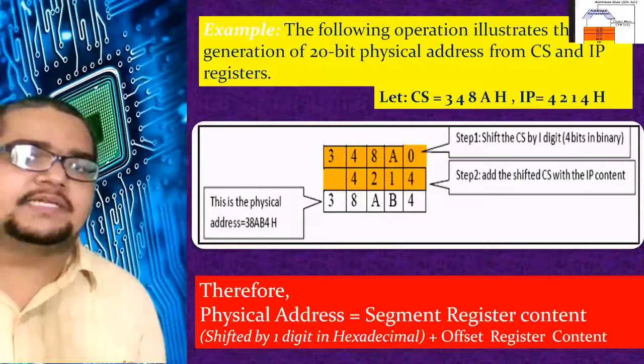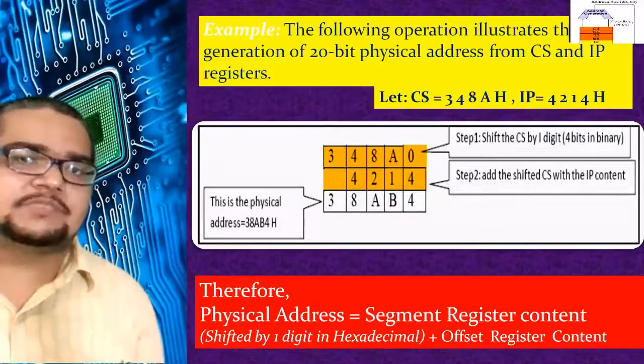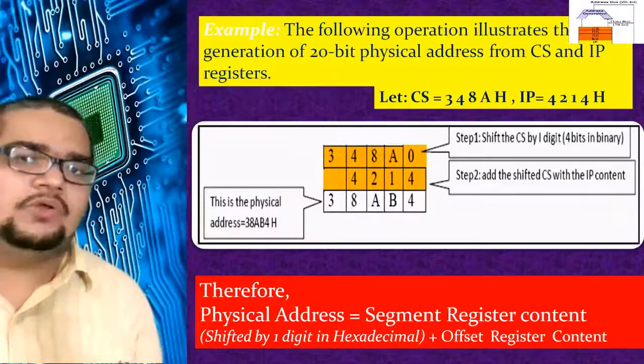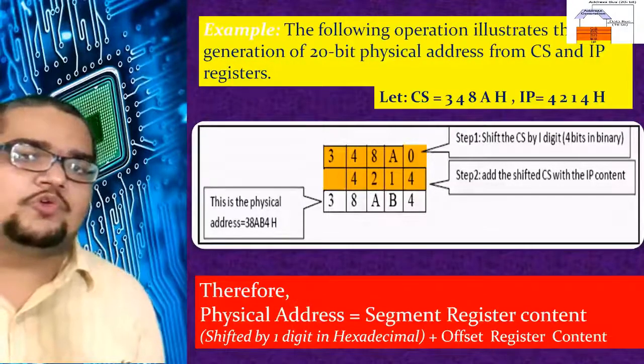Here you see CS contains 348AH. That is my initial segment address. Multiplied by 10 hexadecimal gives us 348A0. Then I have to add the content of IP, that is the offset address, 4214H. I'm adding that one here and getting the physical address.